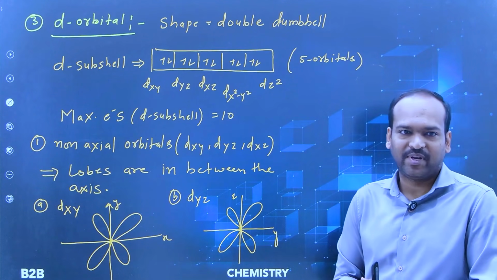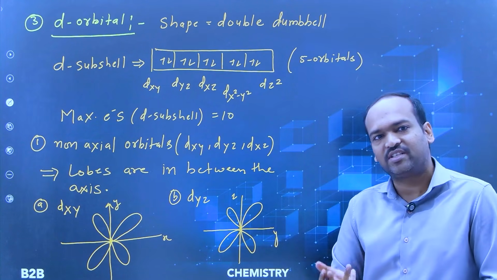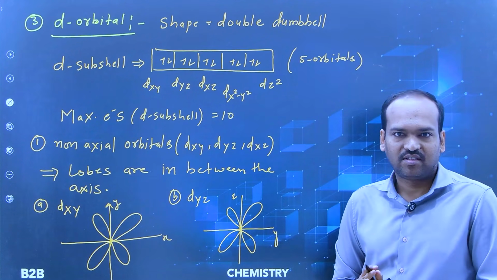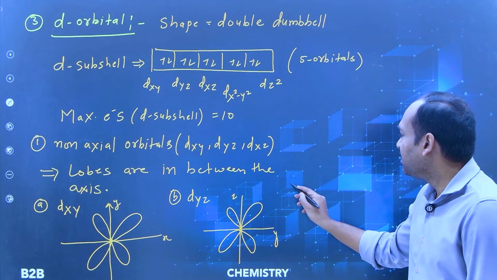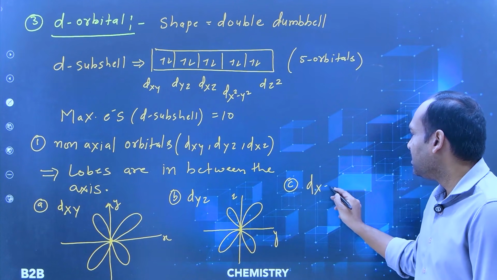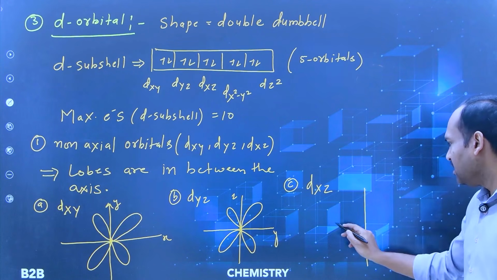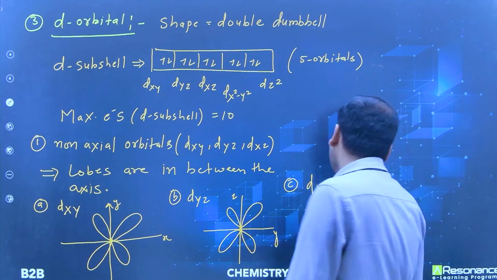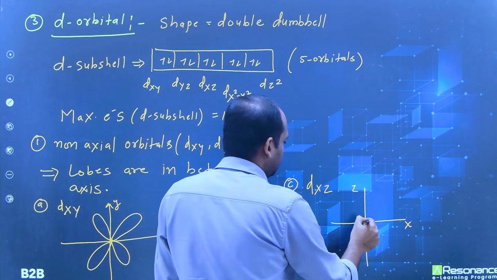No, they are not in the same plane, but because my board is two-dimensional, that's why I change the axes. Third is dxz. How to draw dxz? This is the x-axis, this is the z-axis, same way.